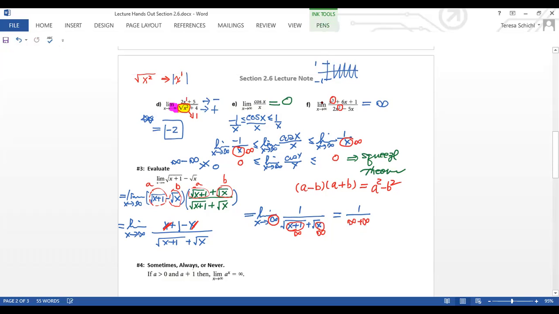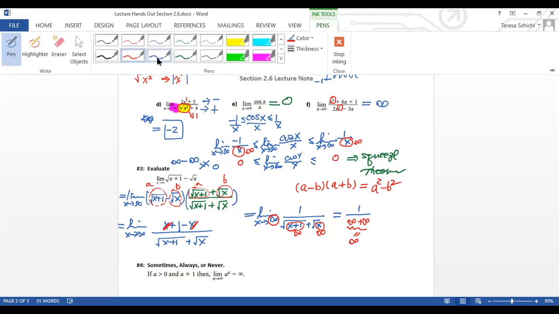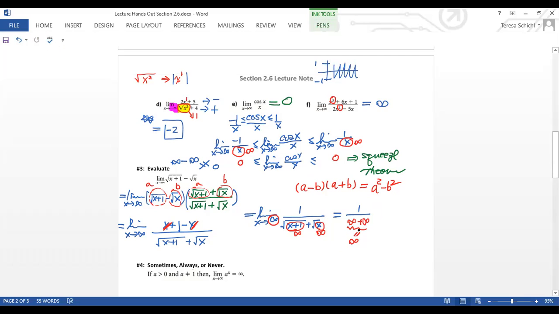Is infinity plus infinity defined? Yes, so it will be similar to infinity. So if you have a constant over infinity, when the bottom gets larger and larger, what is this one going to be? It will be 0, right? Because this is a constant, right? So now your denominator is getting bigger and bigger and bigger.